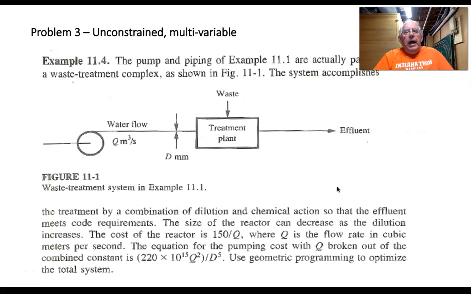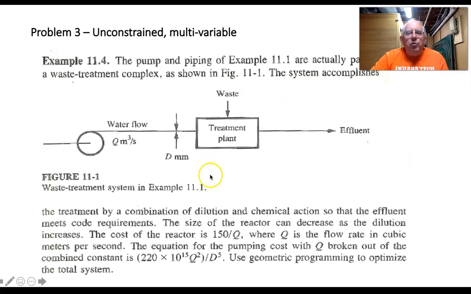Okay, one last problem here that ties in with the previous problem that we did. We have this water flow system going through a waste treatment plant, and we have the effluent coming out from the water here. The treatment corresponds to dilution as well as chemical action, so that this effluent meets some type of code requirement.